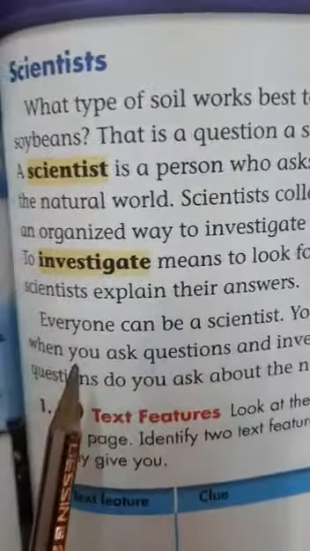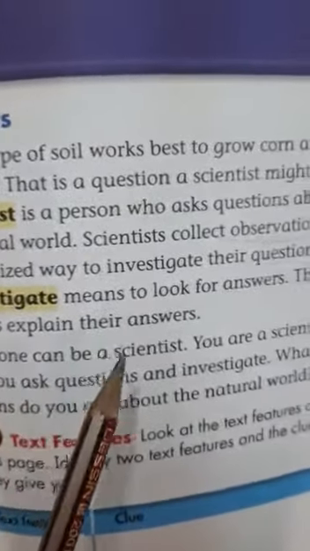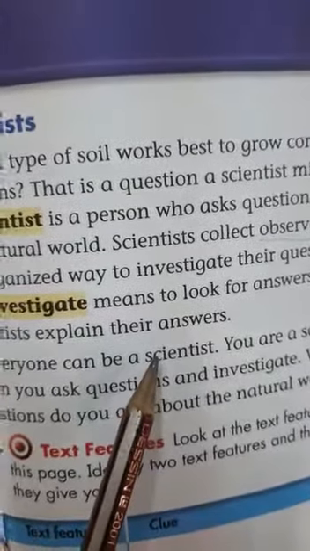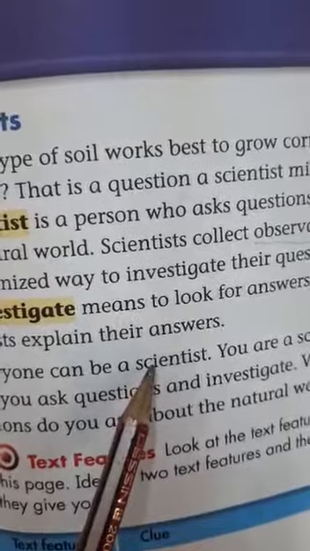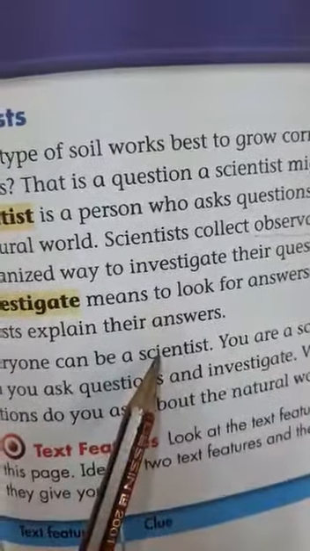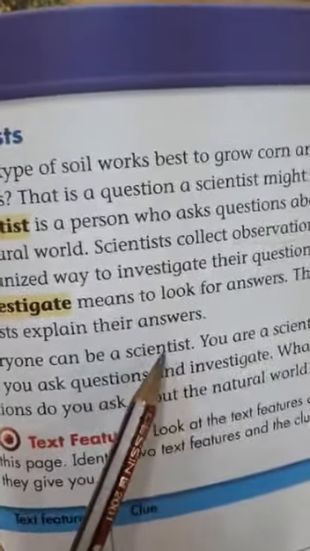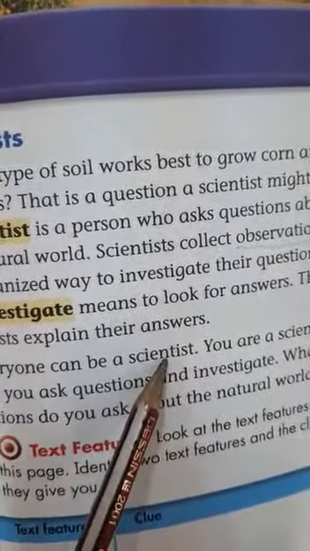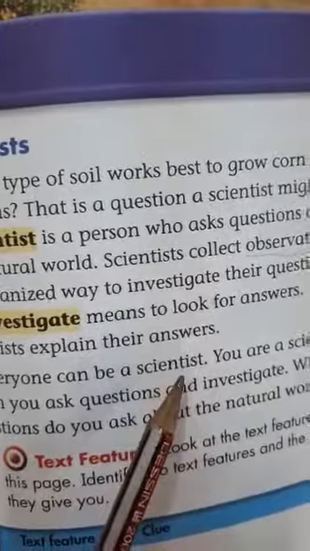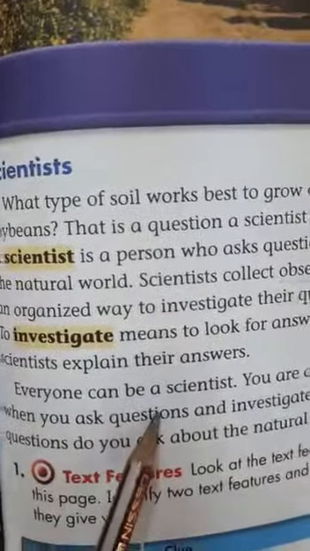Okay? Now, everyone can be a scientist for sure. Inshallah, I am sure that most of you will be a great scientist. So each one can be a scientist. It's not something difficult. You are a scientist when you ask questions.